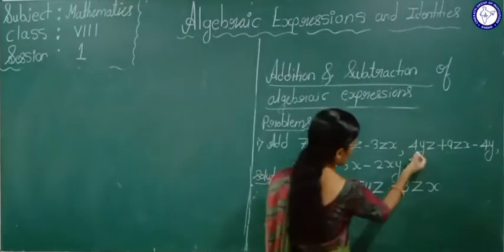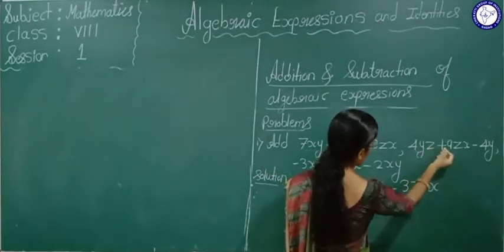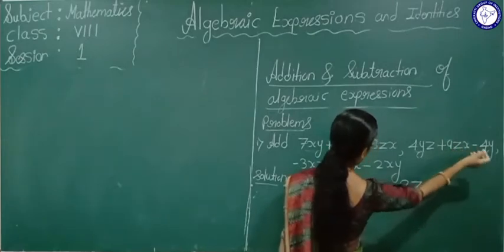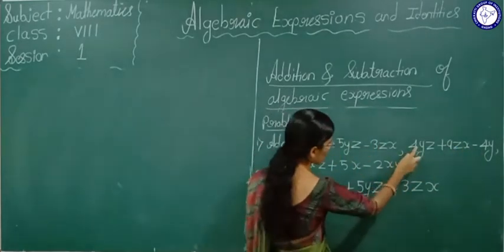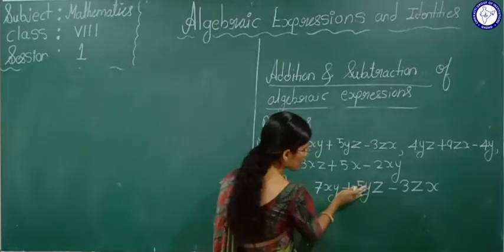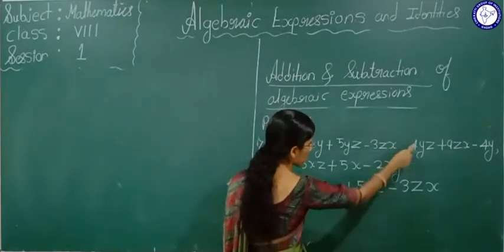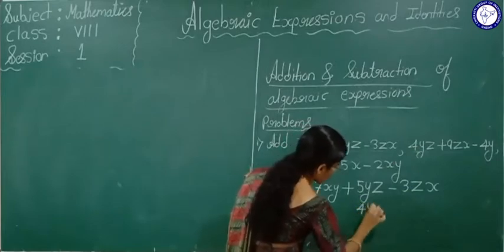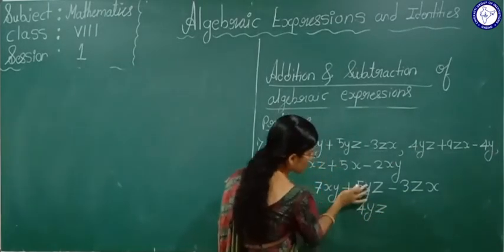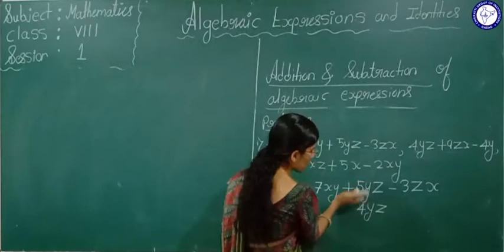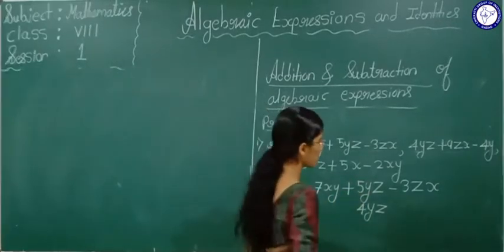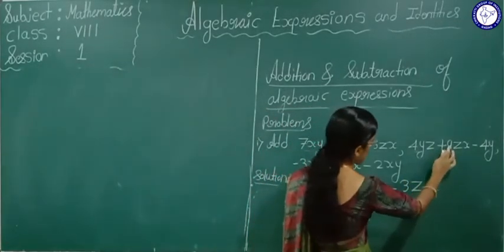Now see here. Next is 4yz plus 9zx minus 4y. Now where to keep this 4yz? See, like terms you have to keep in one column only. Say 4yz. So like terms should be one above the other. Okay. Now see, plus 9zx.